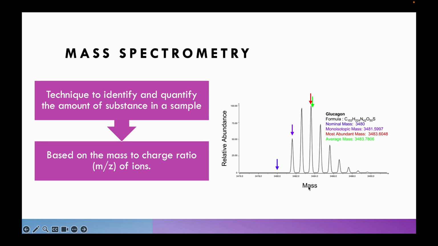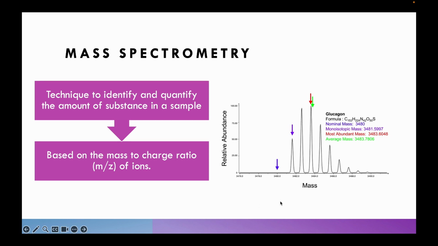So what you can do is run the sample from that person in this machine, which is the mass spectrometer. And then this is what it gives you: the abundance of that protein, or the abundance of glucagon, or of a particular chemical that you want to identify, against mass. Mostly what you will see is the mass to charge ratio.